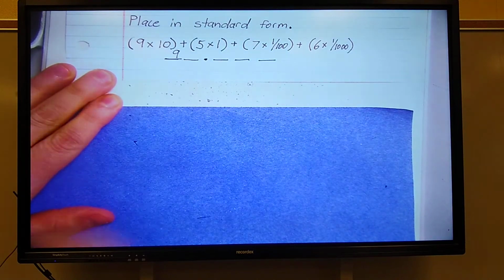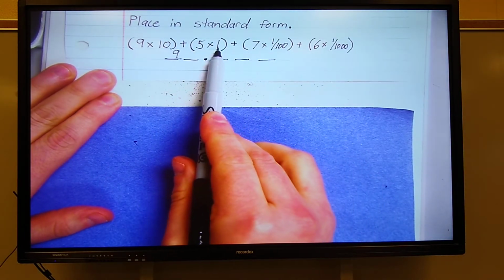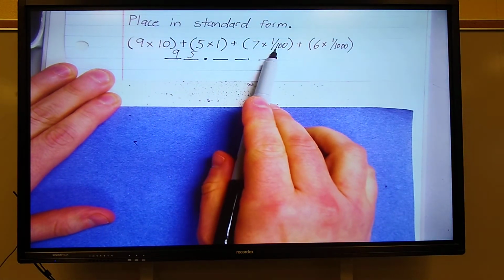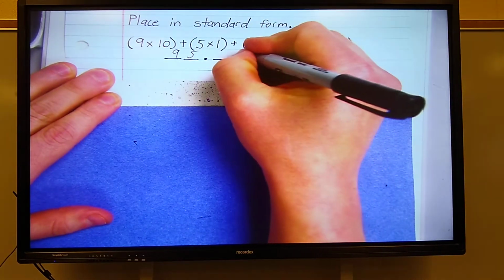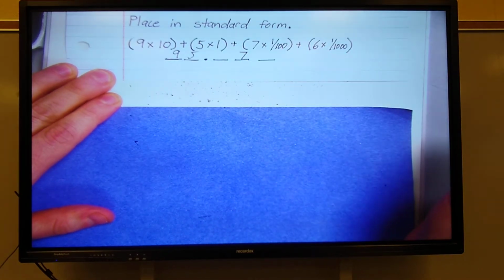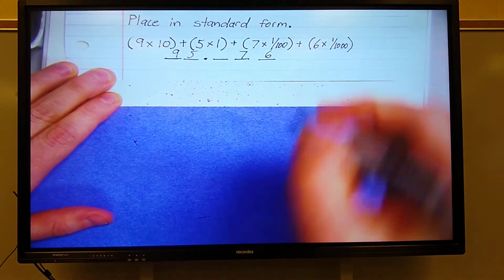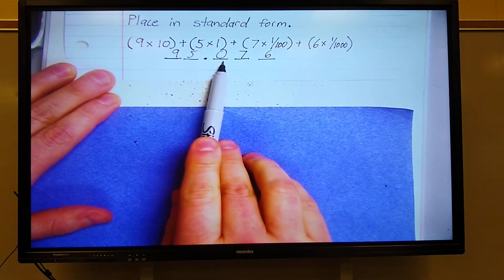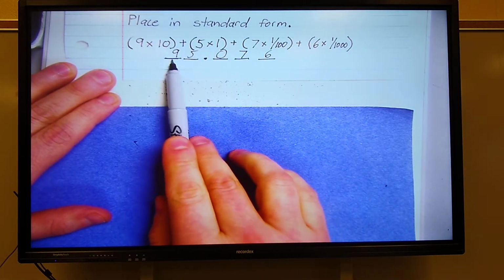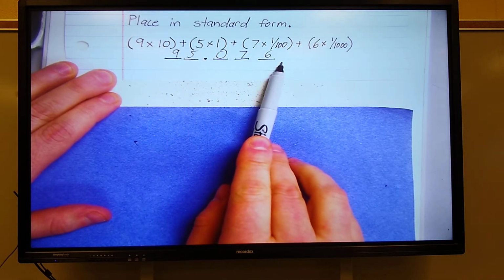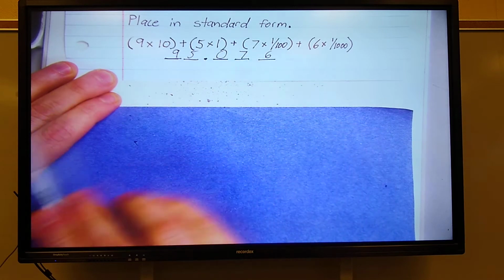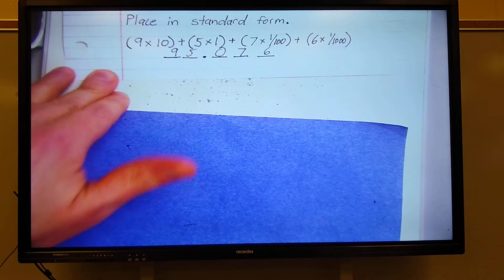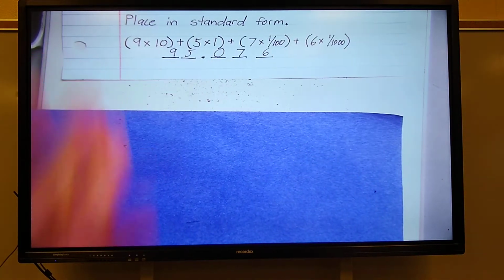I shall fill in the blank. 5 times 1 means ones place. 7 times 1/100 means the hundredths place. 6 times 1/1,000 means the thousandths place. I have a blank space right here, so I must put a 0. I bet you got this one wrong. 95 and 76 thousandths. There is no tenth, so I had to put a 0 in the tenths place. I bet you I tricked you on that one because you forgot about this.